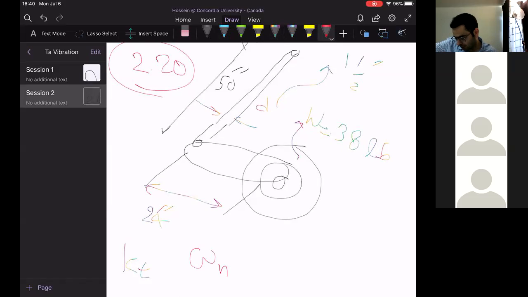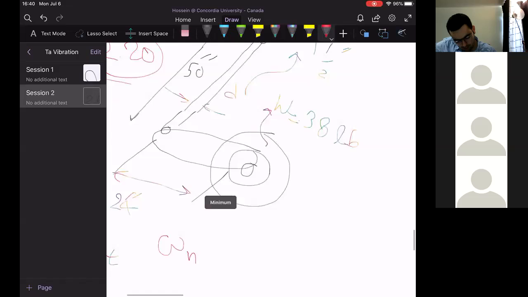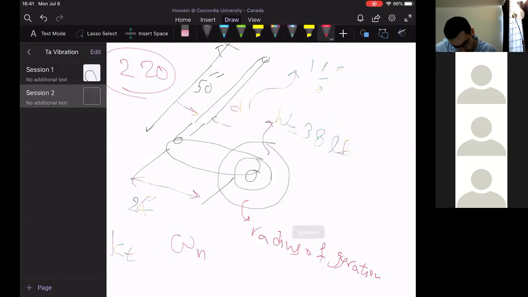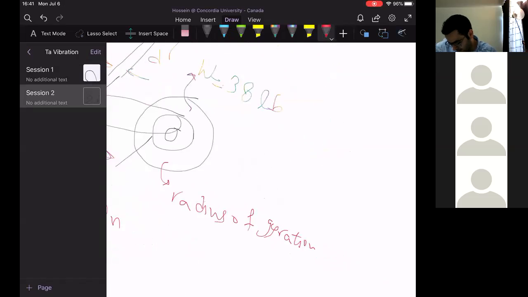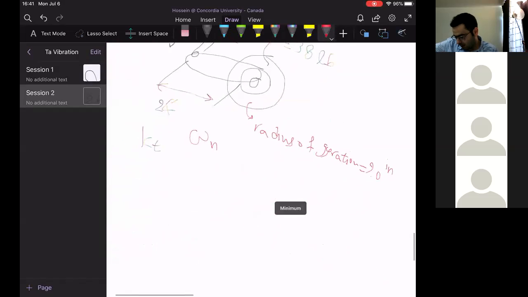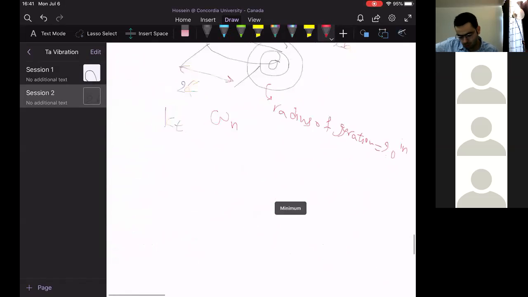The weight of wheel and tire assembly is 38 pounds, and its radius of gyration is given as 9 inch around its axle. Discuss the difference in natural frequency with the wheel locked and unlocked to the arm.